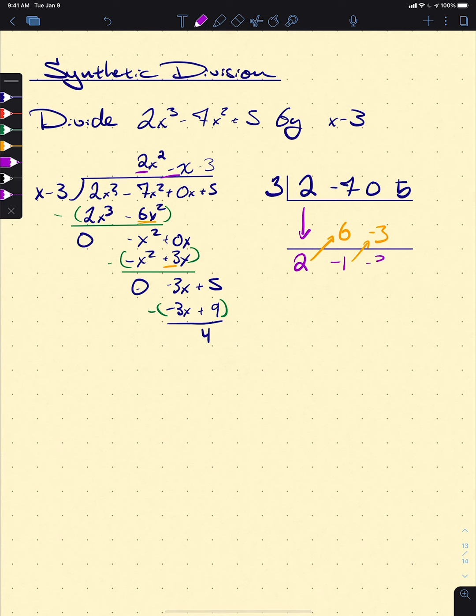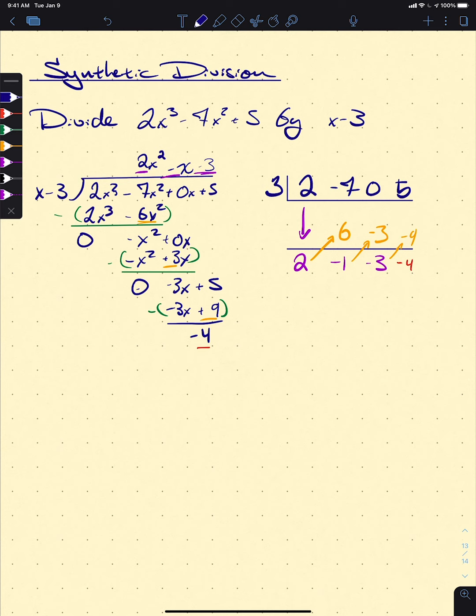Add straight down, we get -3. That corresponds to this -3 right here. And then we multiply again. 3 times -3 is -9, much like this negative 9. And adding straight down, looks like we're going to get negative 4. This negative 4 right here that I didn't catch, that should be negative.